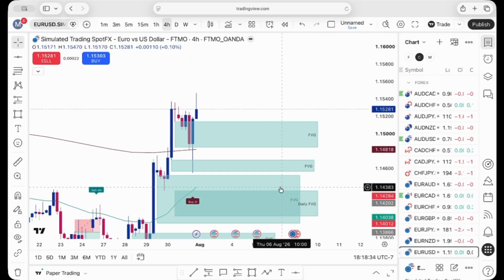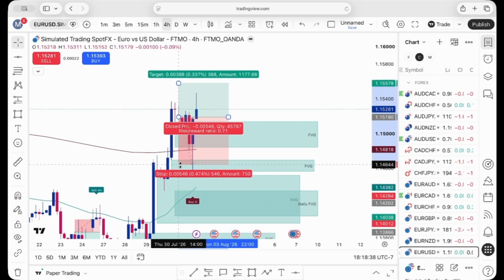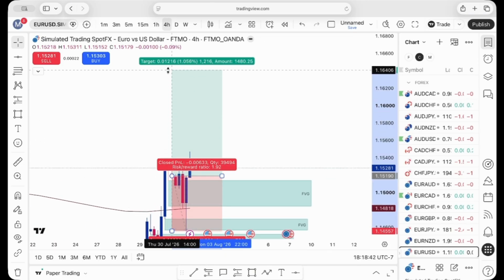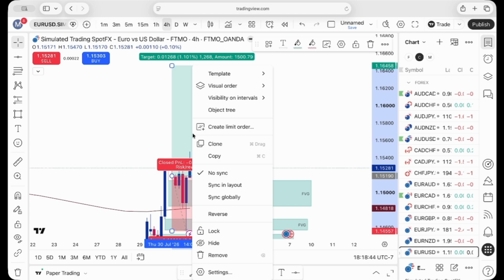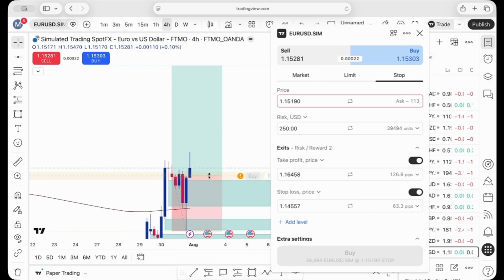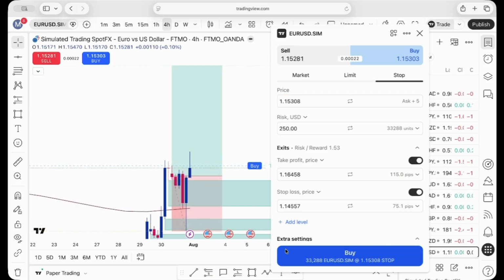Okay, here's another entry right here off the daily. Okay, this needs to actually appear because price is way up there.